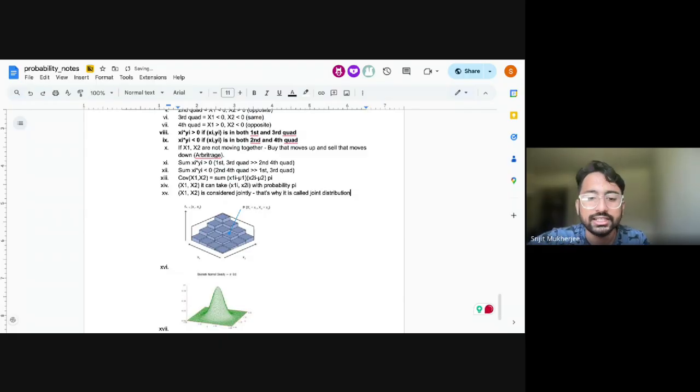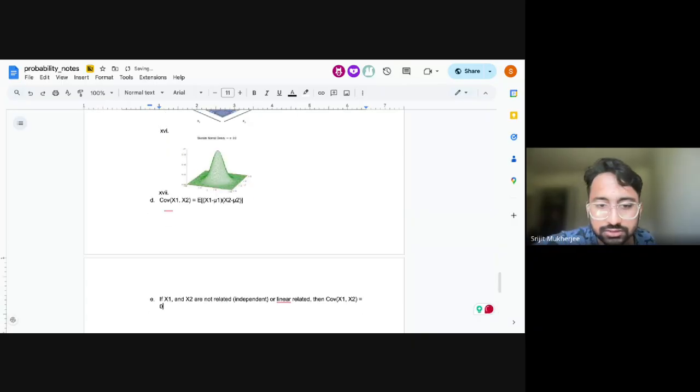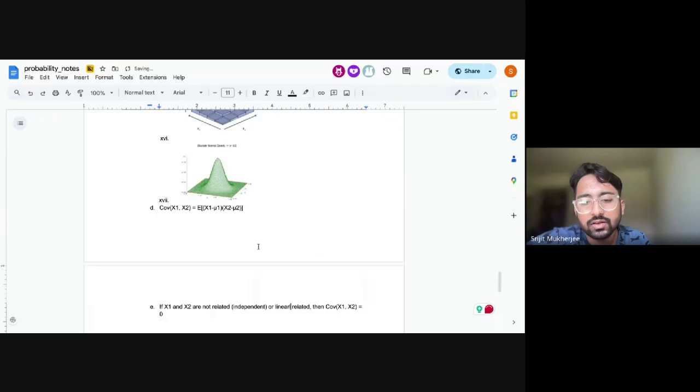And yes, if x1 and x2 are not related, or we call it independent, or linearly unrelated, to be very honest, then covariance is 0. That's true. So this is important to understand.